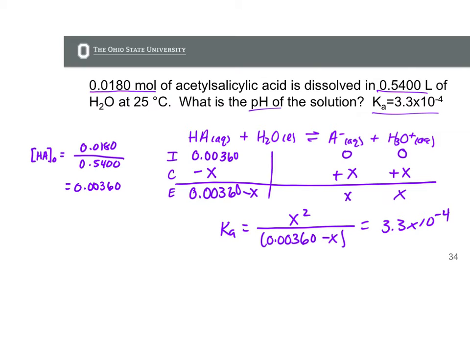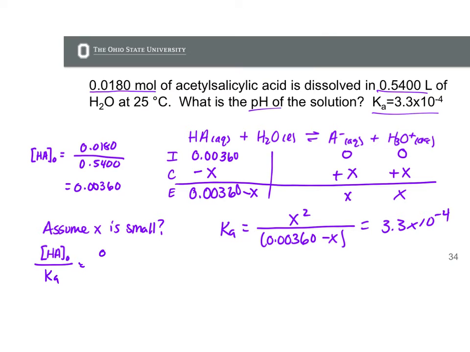And we should see if we can assume X is small. To do that, we're going to take our initial concentration of acid and divide it by the Ka.